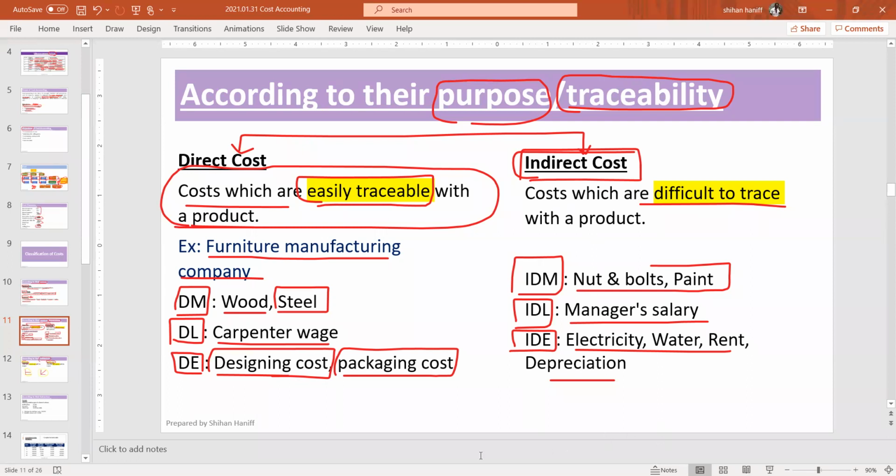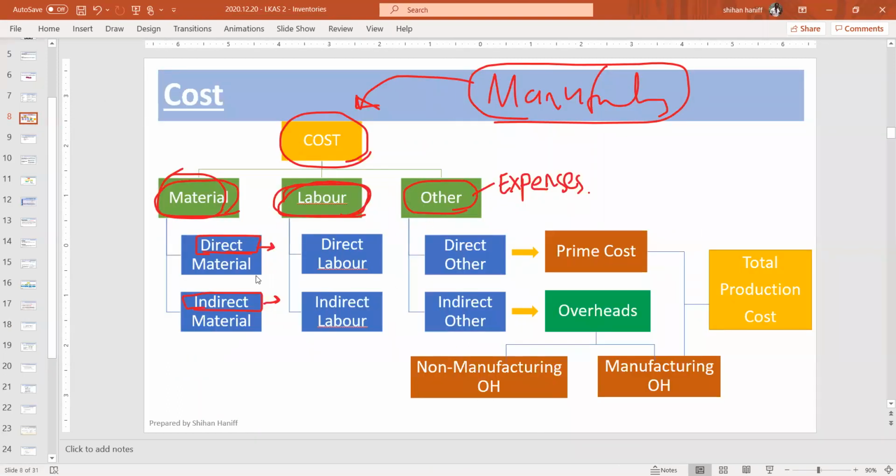Now, when calculating the cost, the total cost of the business or the product is material, labor, and other costs. These three we divide as direct and indirect.